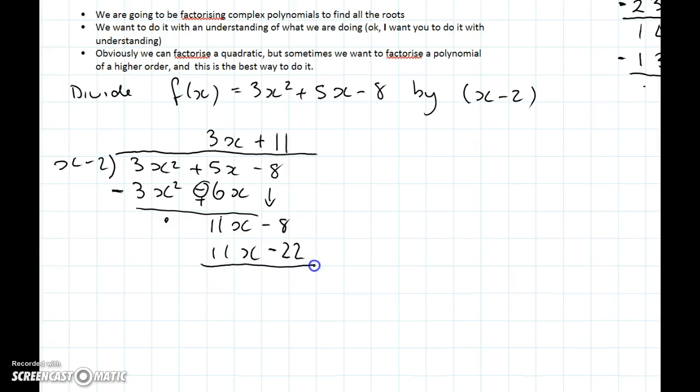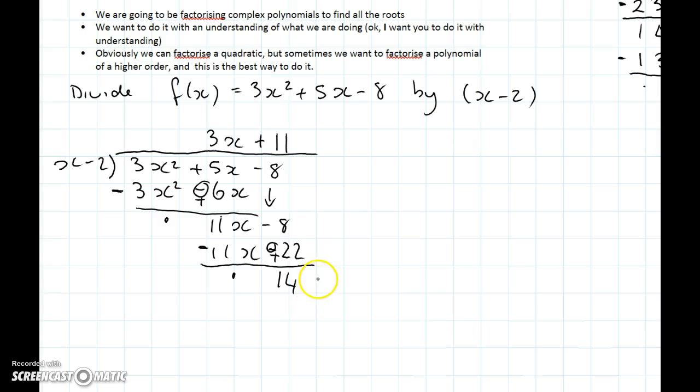Again, I'm going to subtract. That negative goes to both terms, so that's going to become a positive. It's always good to change it here. Make sure that you're going to be doing the right thing. 11x minus 11x is 0. If this one doesn't cancel, it means you made a mistake somewhere along the line. Minus 8 plus 22 is going to give me 14.